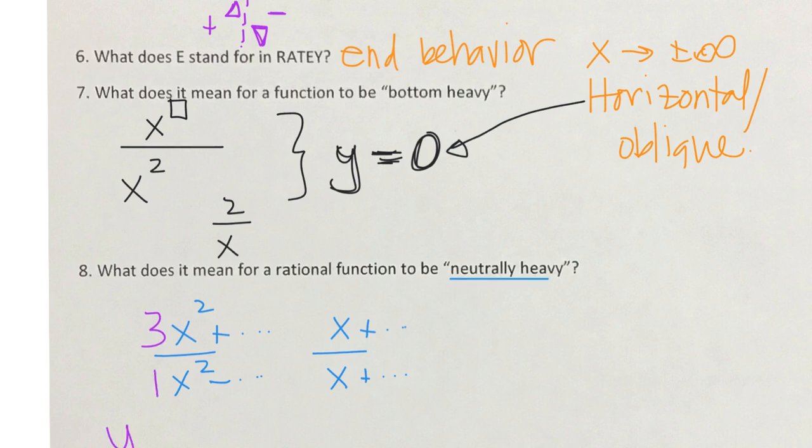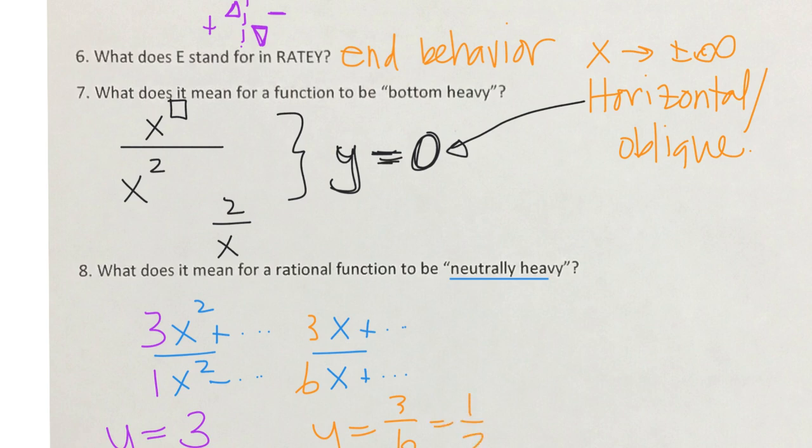This one would be y equals 3, because 3x squared over 1x squared reduces to just y equals 3. Or maybe we had a 3 here and a 6, so y is 3 divided by 6, which is 1/2.